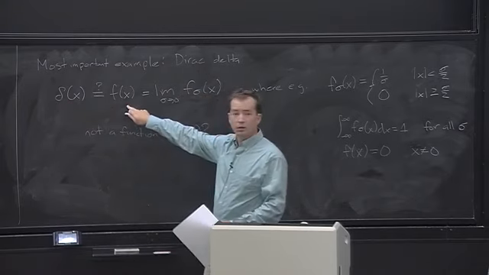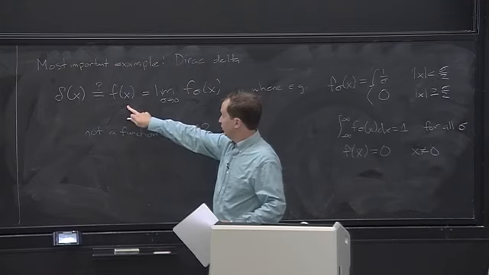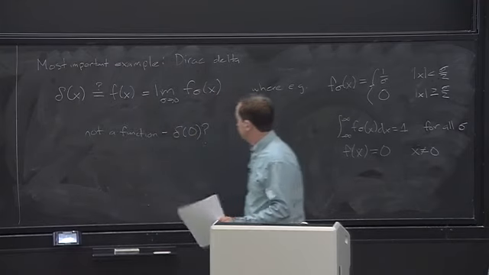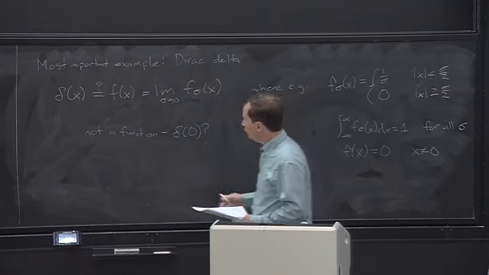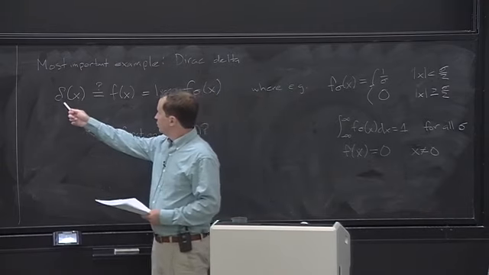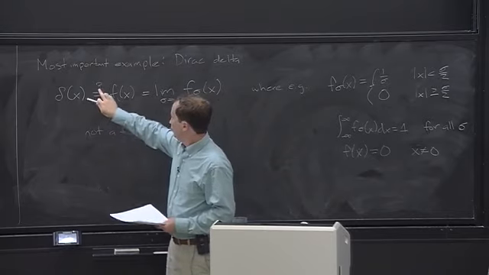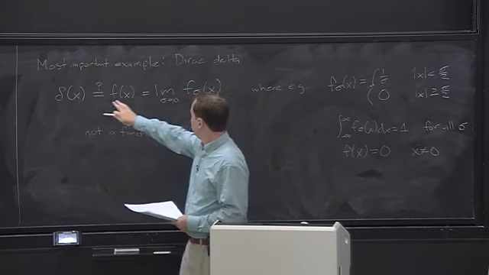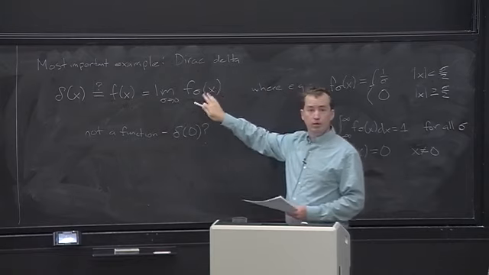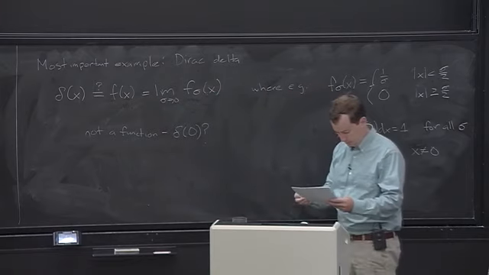And we'll see some examples of where things can go wrong if we try to think about delta as a function. I put a question mark over this equation because we need to be careful about interpreting this.